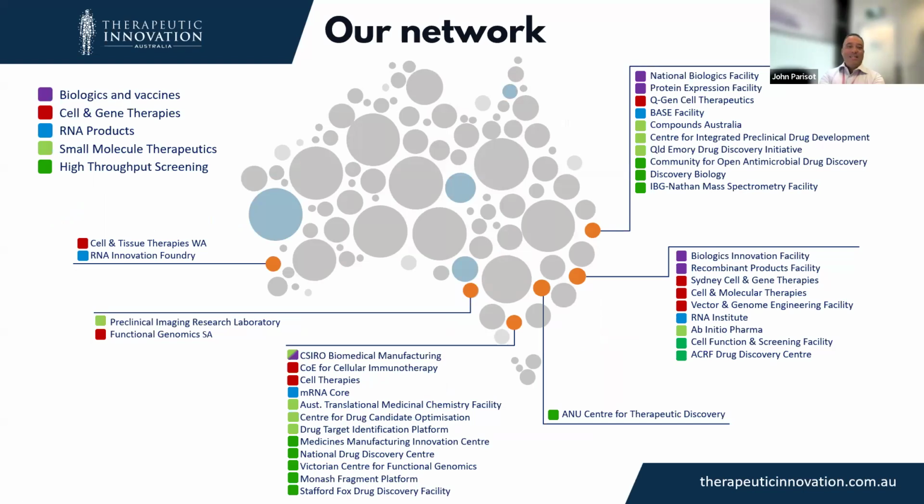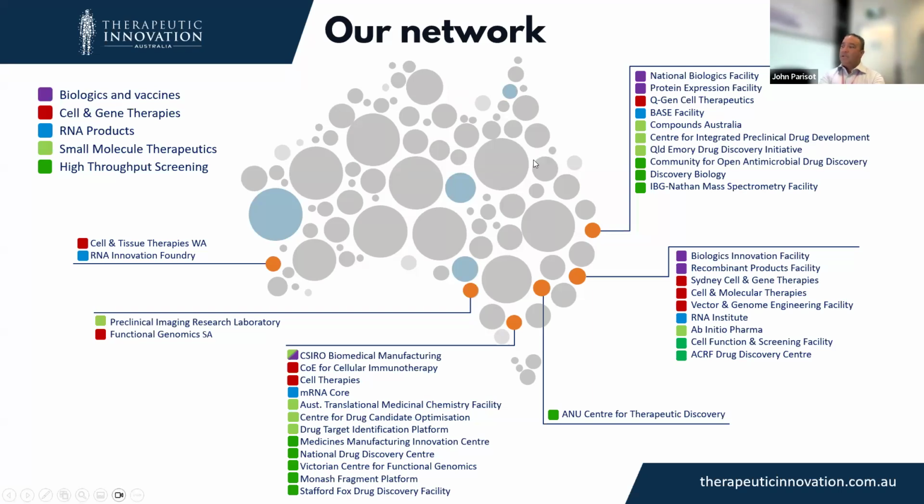So this is a comprehensive geographic representation of TIA's network. As you can see, we're almost running out of colours for the facilities. It's grouped in the different categories: biologics, cell and gene therapies, RNA products, small molecules, and the additional one here that wasn't on the previous slide is our high throughput screening capabilities for the screening of molecules for translation and drug discovery and development.